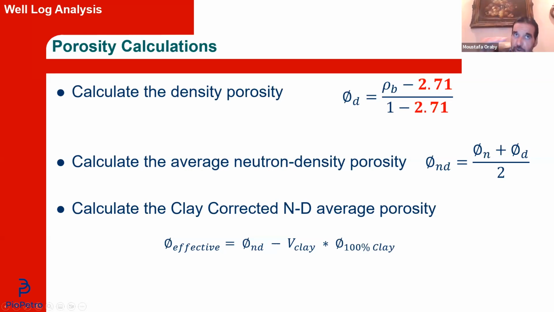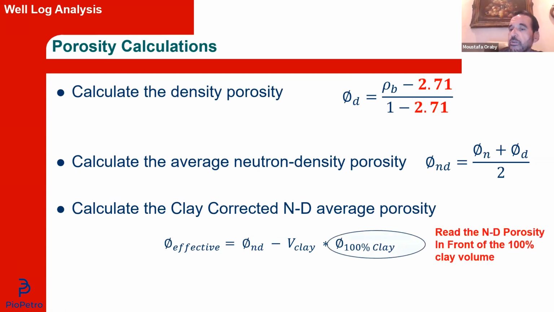You have a zone in your log, a 100% clay zone that you identify, which is the zone that has the maximum gamma ray reading. Look at the neutron density there and read the value. This is the value of the 100% clay point. So you calculated the neutron density porosity already.